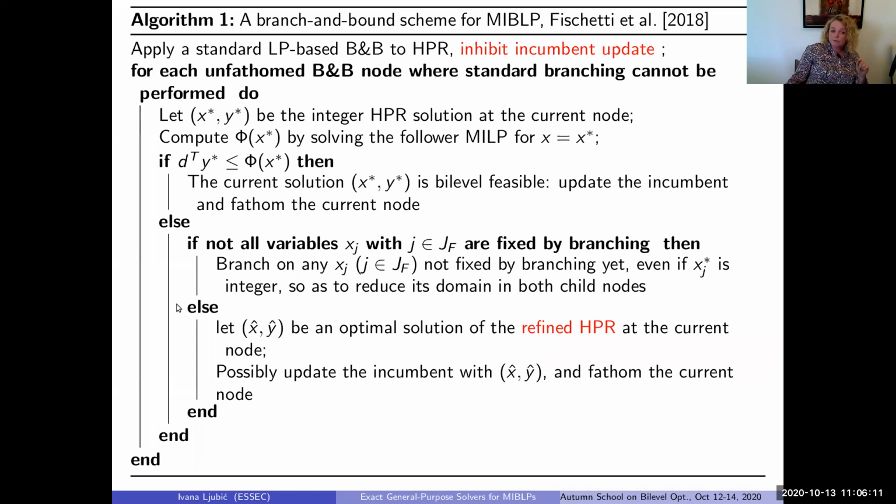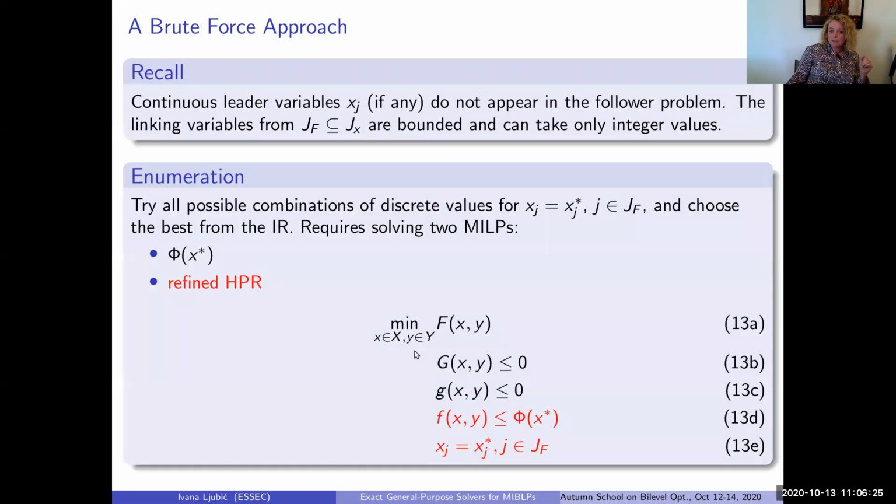Otherwise, if all the coordinates of x have been fixed by branching, then we have to solve the refined HPR to find the optimal solution value for the leader. Remember the refined HPR, this is this problem here. So we fix the coordinates of x, they are fixed by branching, and then we can evaluate the whole solution.